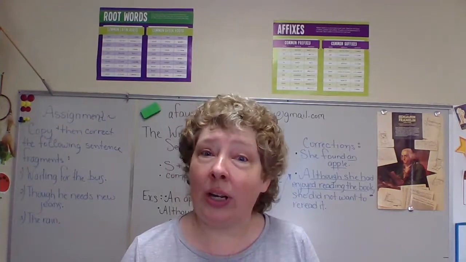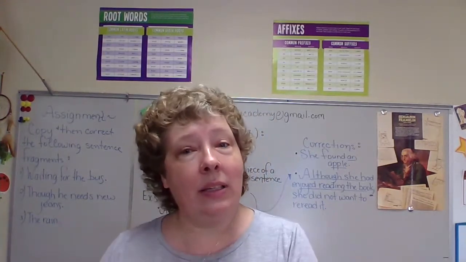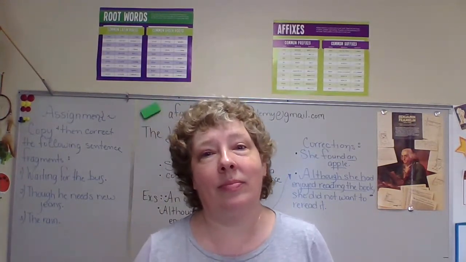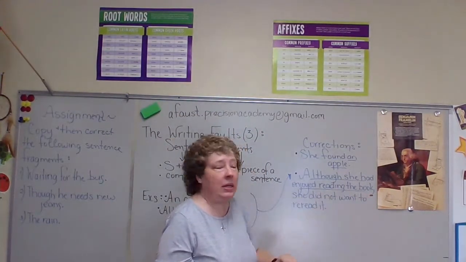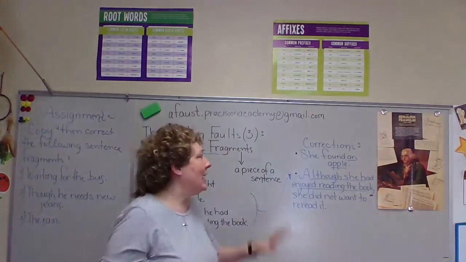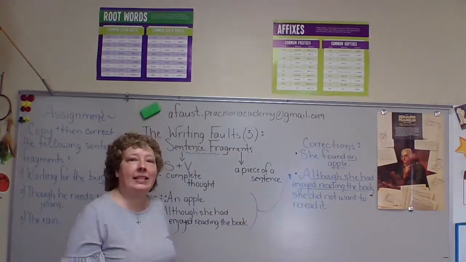A sentence fragment. Or I could say a sentence fragment equals a DC. Okay? Fix it, add a comma, and link it to an IC. Now you have a sentence.